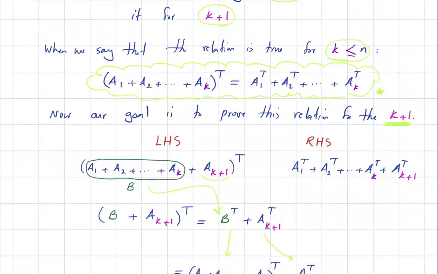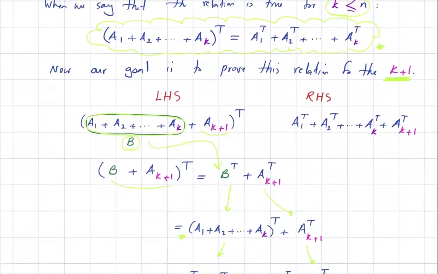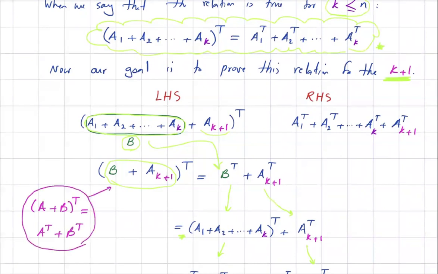We begin by analyzing the left-hand side. I'm going to group these matrices together and call it matrix B. So basically, you can simplify this into open close parentheses B plus A sub k plus 1, transpose. It makes it easier for us to see the pattern. Remember, based on the relation of the transpose that you proved in this class, the transpose of A plus B is equal to the transpose of A plus the transpose of B. So since you already know this, you can apply it to B plus A sub k plus 1 transpose.